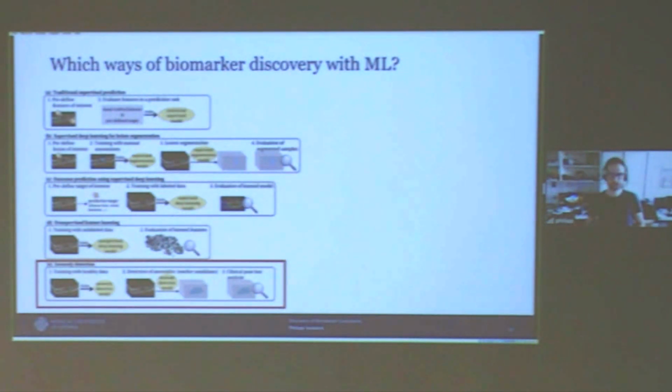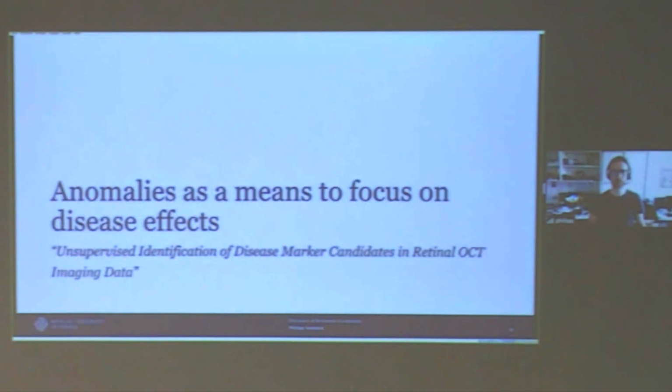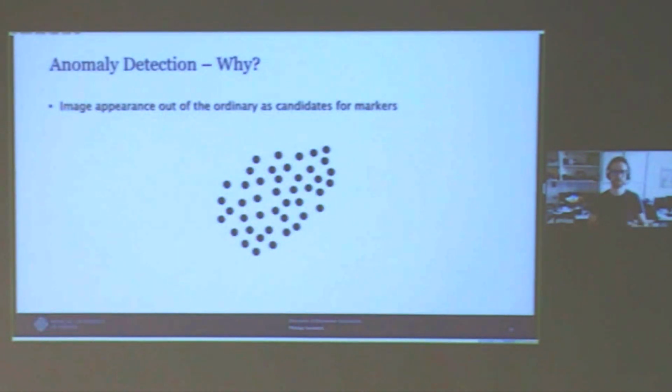So the fifth and last part of doing biomarker discovery is using anomaly detection. The idea of anomaly detection is to detect the appearance out of the ordinary as candidates for markers.